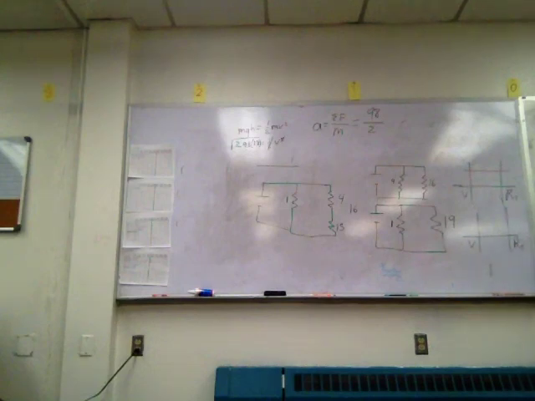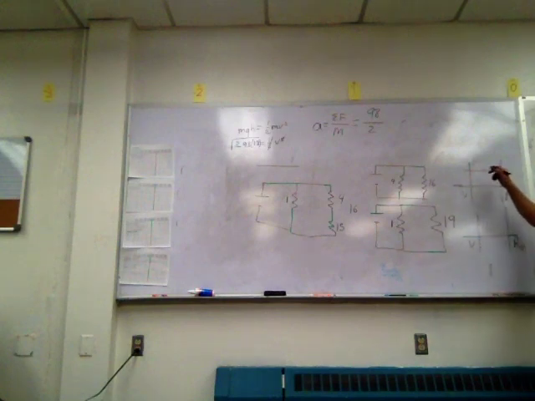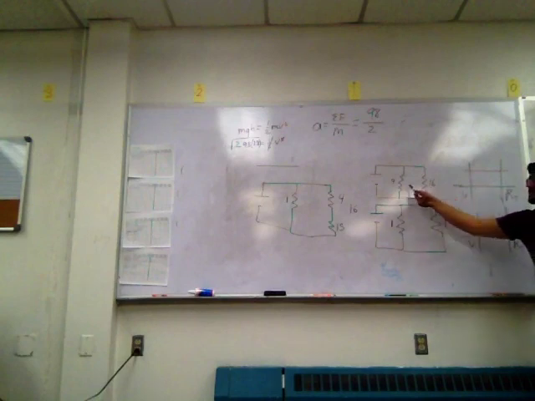Are you with me there? Or do you not see why that would be? Yes. Because the other one is in parallel, so it adds up differently. Yeah, so the totals are going to be different, so that's why the I's are going to be different. Okay. So wouldn't the totals be... Do product over sum right here, and do product over sum right here, and tell me if you get the same number.